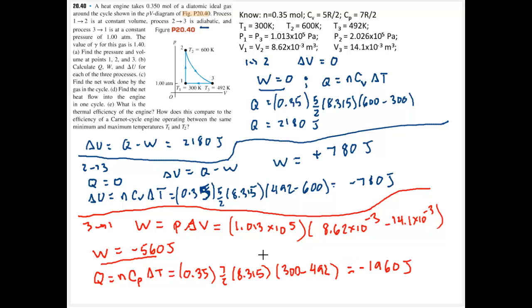And lastly, I can say that the change in internal energy of the system, using the first law of thermodynamics, delta U is going to be equal to the heat minus the work done by the system. Go ahead and say that's negative 1960 minus negative 560, so negative 1400 joules is going to be the change in internal energy of the system.